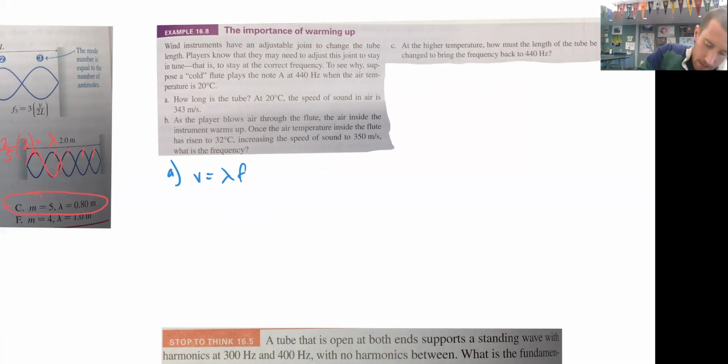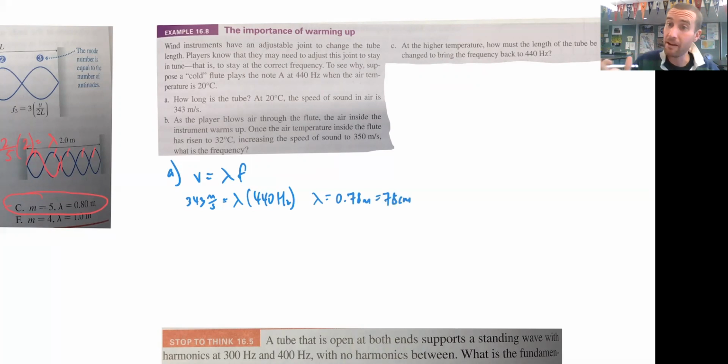That would be 343 meters per second equals the wavelength, which is what I'm trying to figure out, times 440 hertz. So the wavelength equals 343 divided by 440, which is 0.78 meters, 78 centimeters, but that's the wavelength.